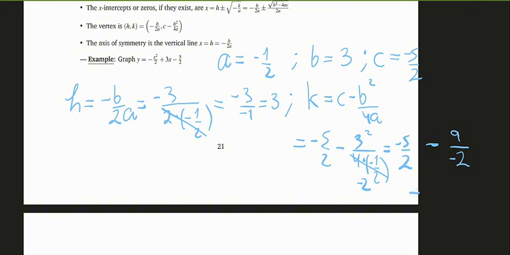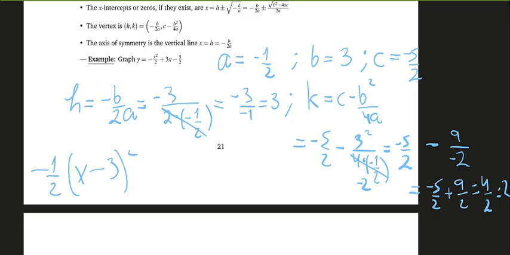So that's going to be -5/2 plus 9/2. That's going to be 4/2, and that's going to be a 2. So the parabola in vertex form is going to look like this: -1/2 times (x minus 3) squared, plus 2, that's the k.